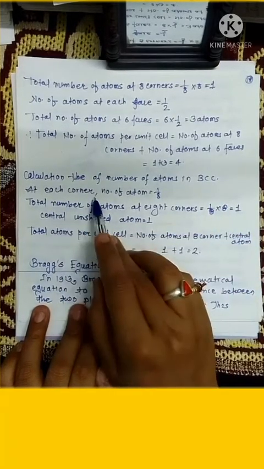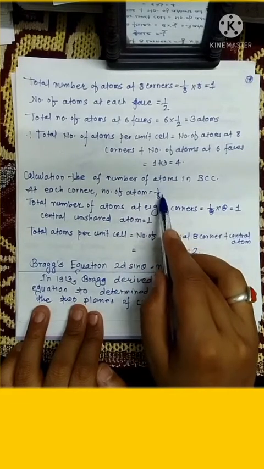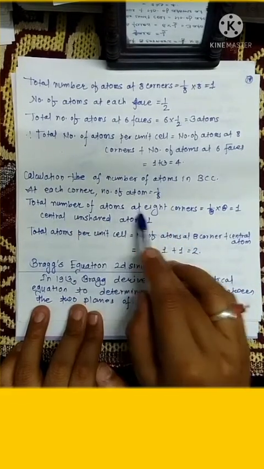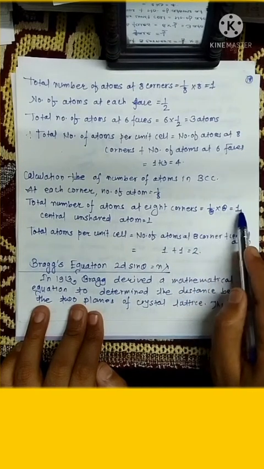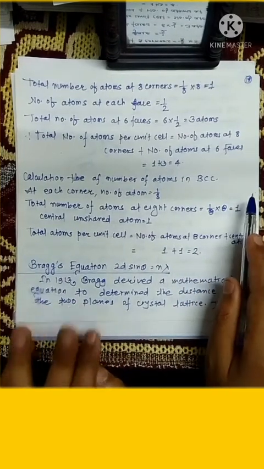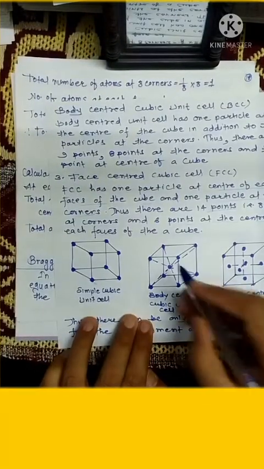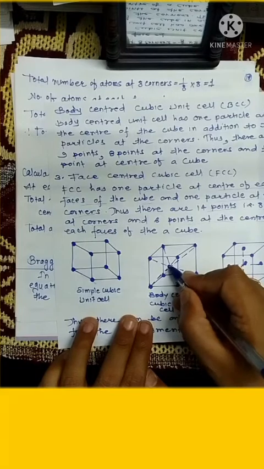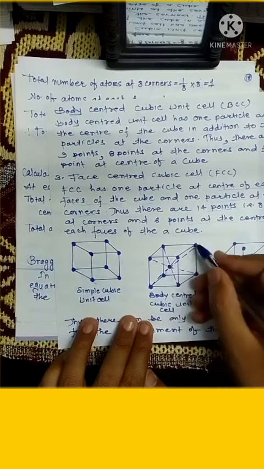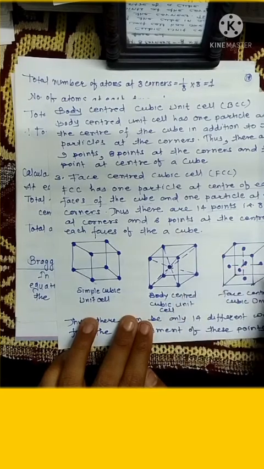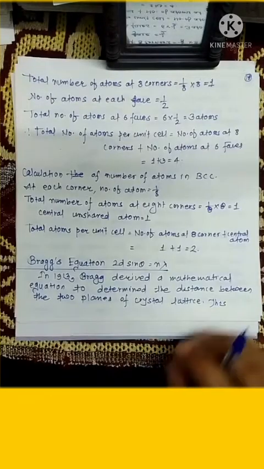Now the calculation of the number of atoms in BCC. At each corner the number of atoms is equal to 1 by 8. The total number of atoms at 8 corners is equal to 1 by 8 multiplied by 8, that is 1. Now we know that in BCC type, at the center of the cube there is one atom present. Since this atom is completely inside the cube, it is taken as 1.